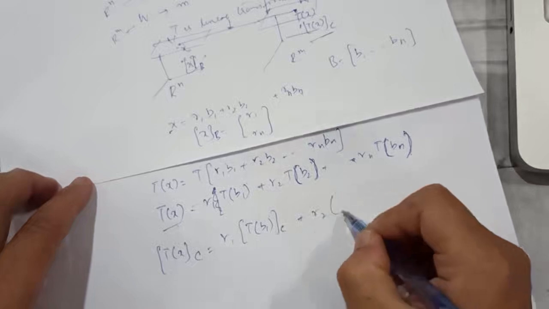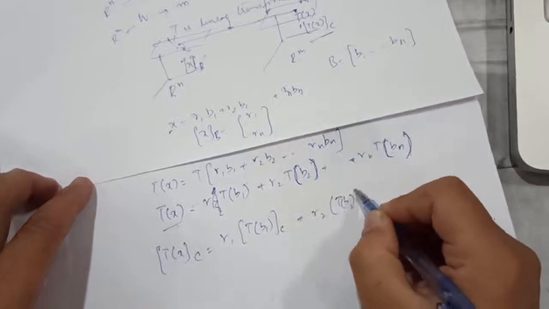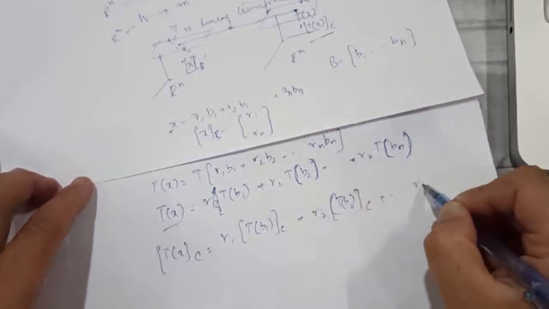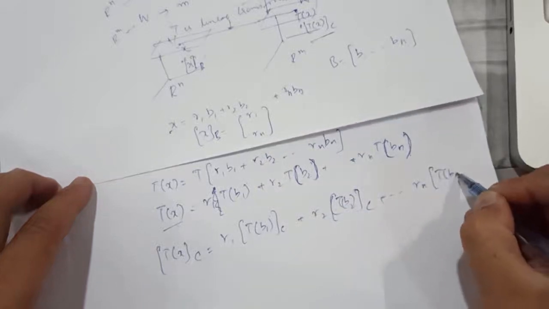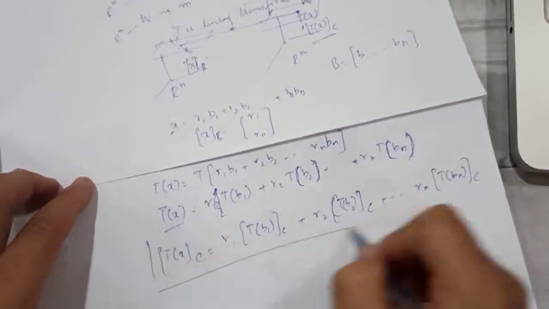Similarly, T of Bn should be represented in terms of C, right?